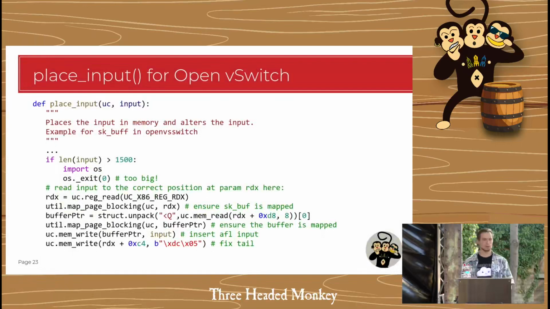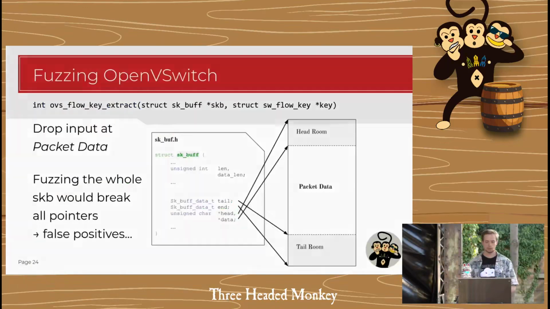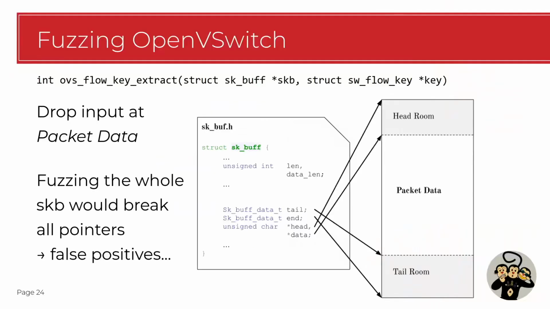For example, if you would fuzz Open vSwitch, you would take the input and then drop it. This is a really weird setup because Open vSwitch doesn't take just a buffer, it takes an skbuff, which is an internal Linux kernel structure for socket buffers. If we would just drop the input anywhere in this instead of the skbuff, then we would overwrite all the pointers, and they need to be aligned.